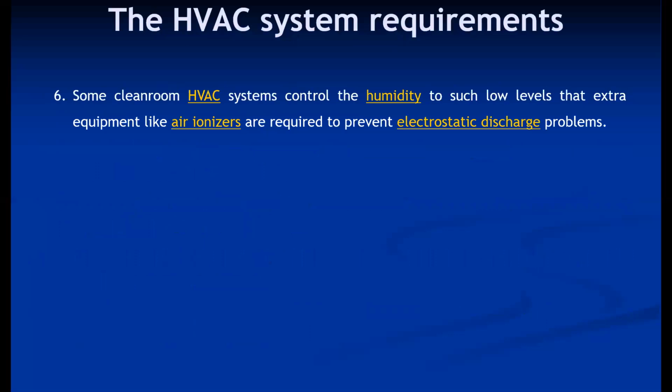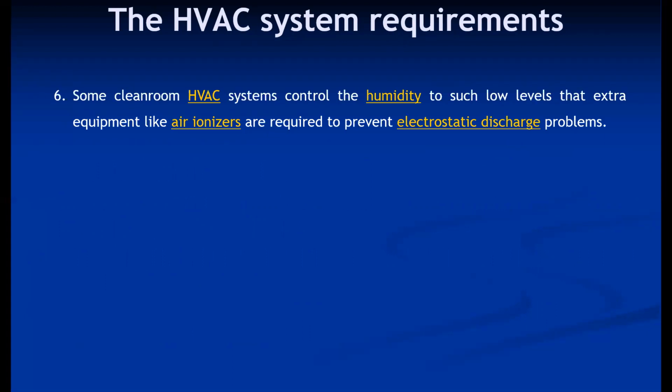And then some clean room HVAC systems control the humidity to such low levels that extra equipments like air ionizers are required to prevent electrostatic discharge problems. If the humidity level is high, then it creates bacteria.